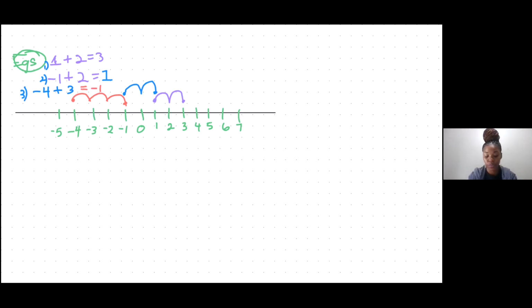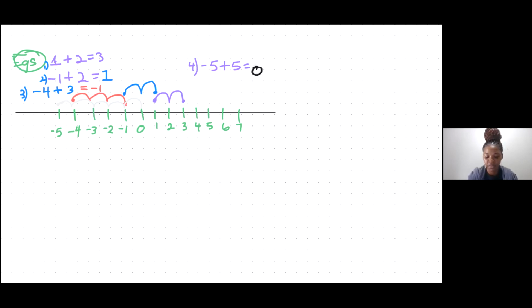So let's do -5. Add 5. So we're going to go at -5 and we're going to go to 5. -5. 1, 2, 3, 4, 5, which will give me 0. You can see that, right? 0.